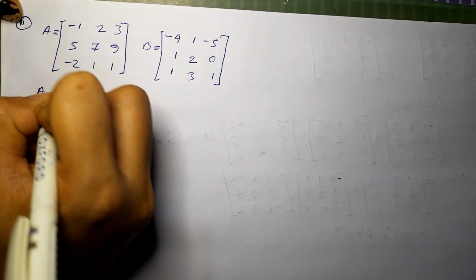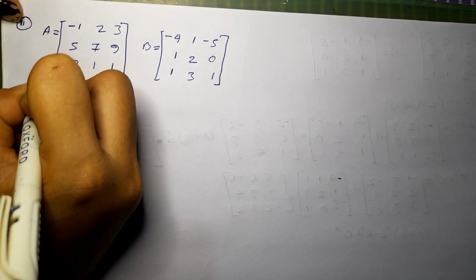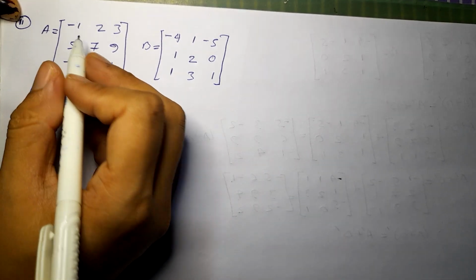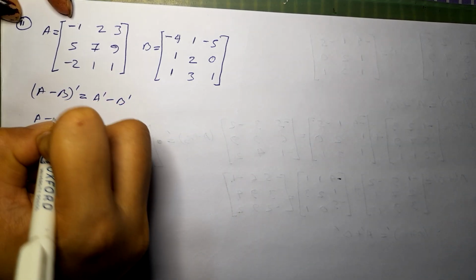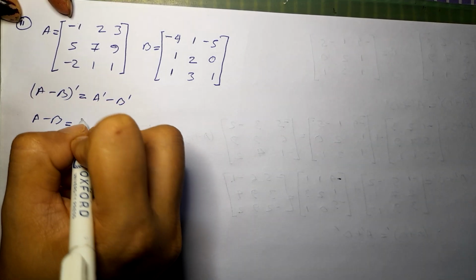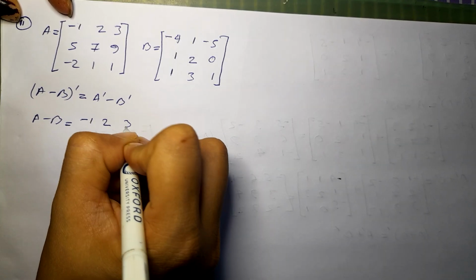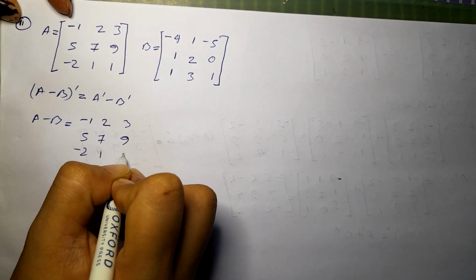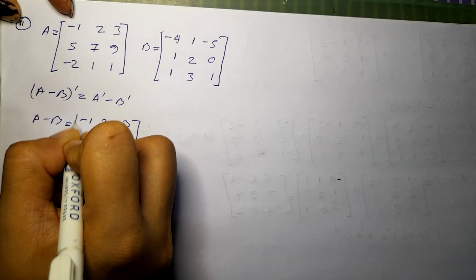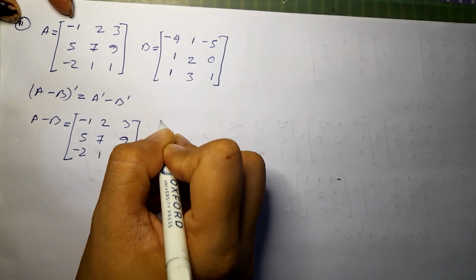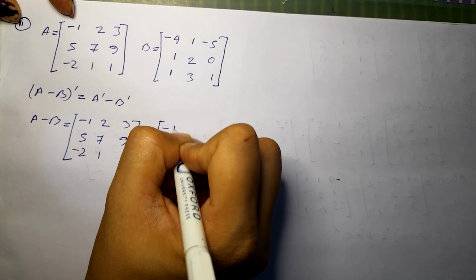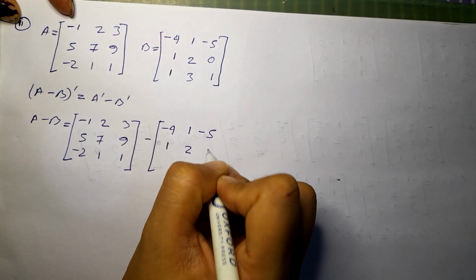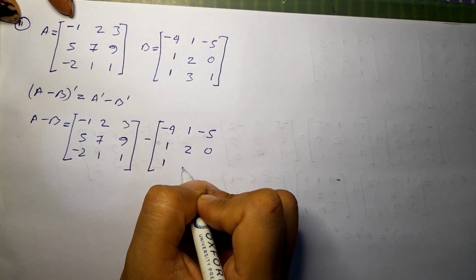We have to show that (A - B) whole transpose is equal to A transpose minus B transpose. So let's find A minus B.